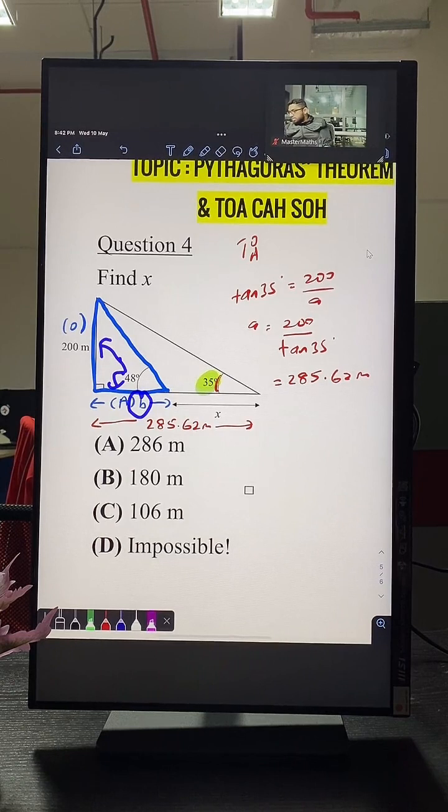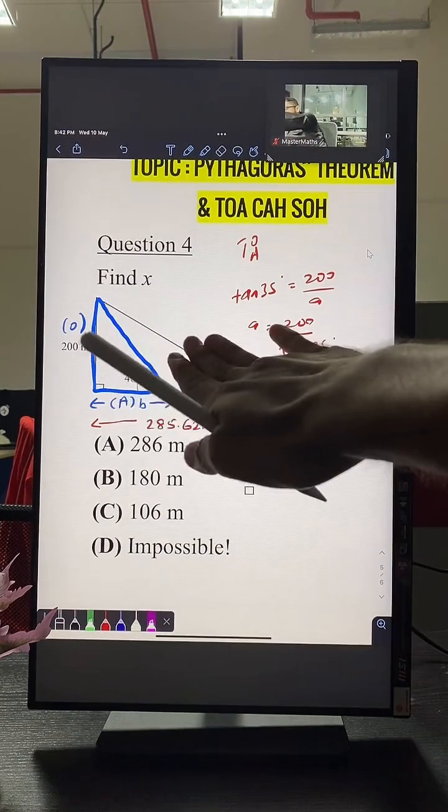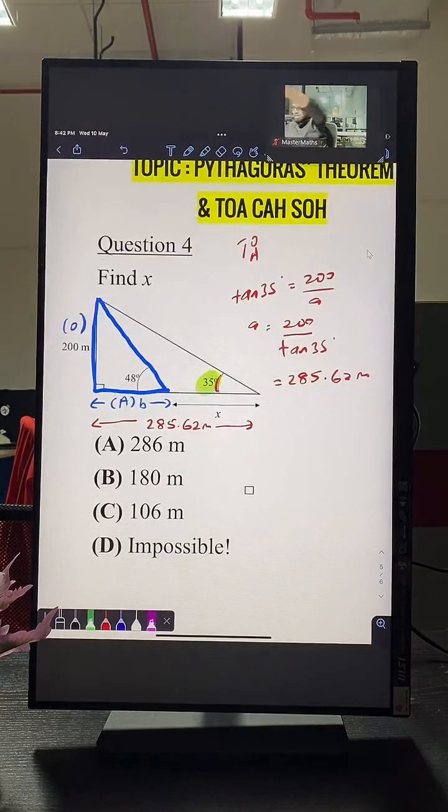Just repeat the same steps, but with different values, with a smaller triangle now. So again, opposite and adjacent, I focus my attention on TOA. Why? Because TOA has opposite and adjacent inside. Don't bother about hypotenuse. No need to bother about CAH. No need to bother about SOH, because both of these got H. I don't want anything about H. Not helpful at all.